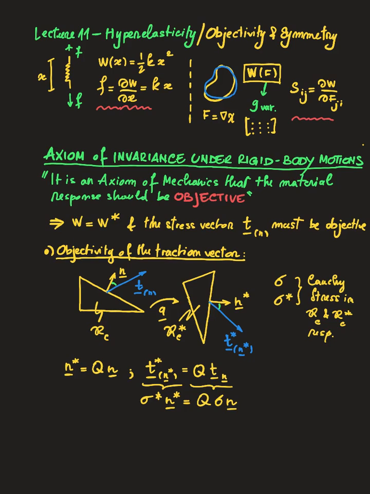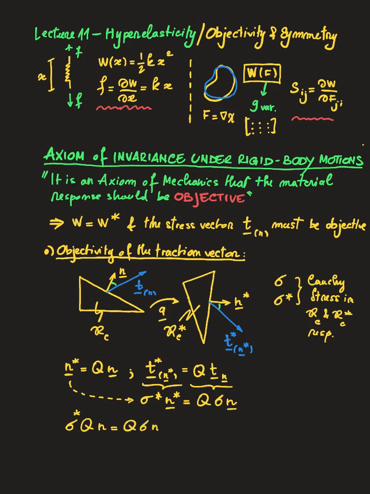At this point we remember that n star is equal to Qn. So let me replace it in this expression: instead of n star I put Qn, and this is equal to Q times sigma n.